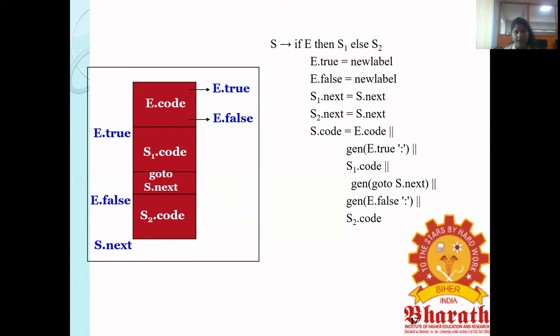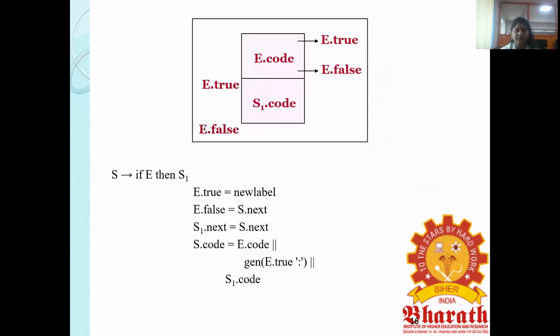If it is true, it will come to S1 dot code, then generate go to S dot next. Then it generates E dot false, where it wants to execute S2 dot code, and again it will go to S dot next and stop the process.